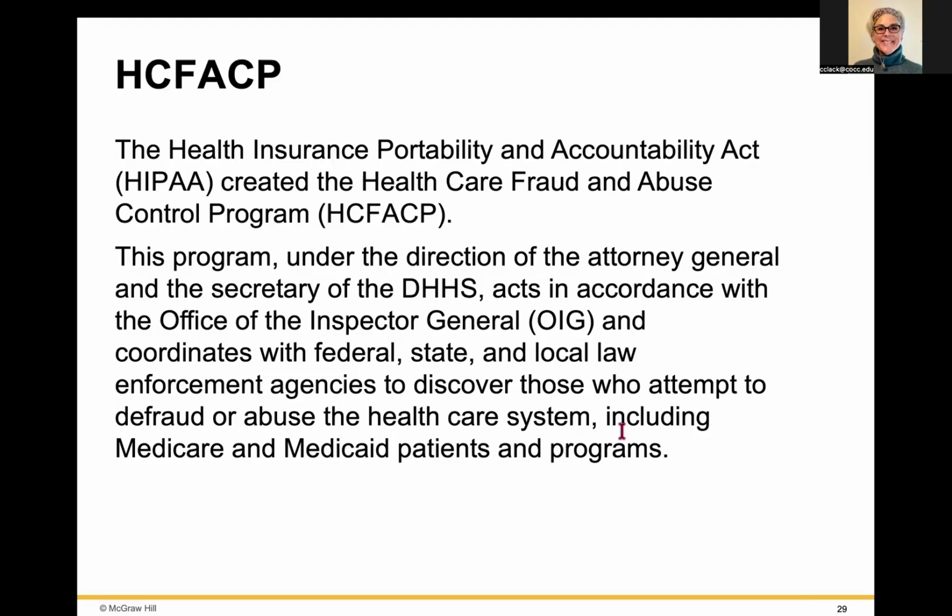It's a coordinated enforcement effort led by the Attorney General and Secretary of Health and Human Services, working closely with the Office of Inspector General and other law enforcement partners. The purpose is straightforward: to detect, investigate, and prevent fraud and abuse in healthcare, especially involving Medicare and Medicaid. This is one reason why compliance matters so much. Fraud and abuse enforcement is organized, funded, and active.